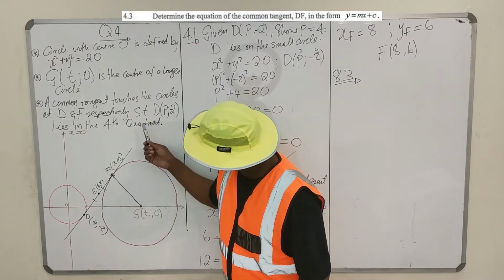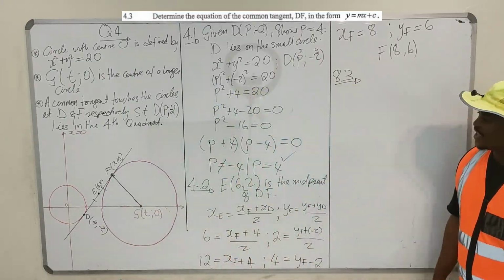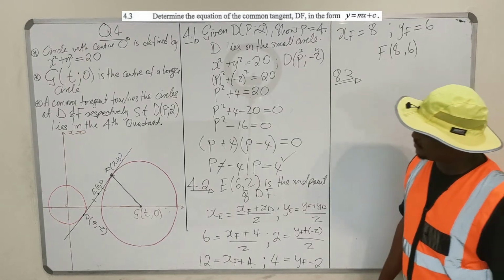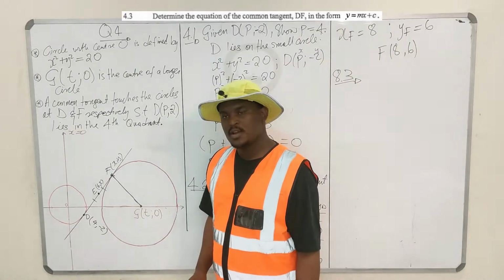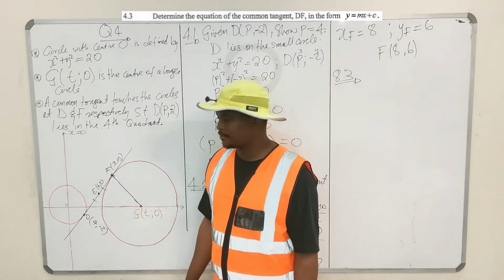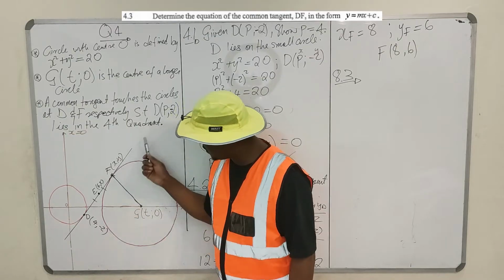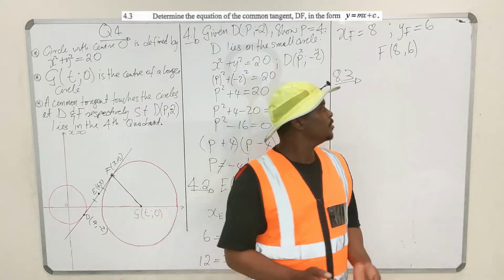Here's our tangent DF, right? In the form y is equal to mx plus c. What we need to find first is the gradient of this line, right? Once we find the gradient of this line, we'll be able to find the equation of the line.